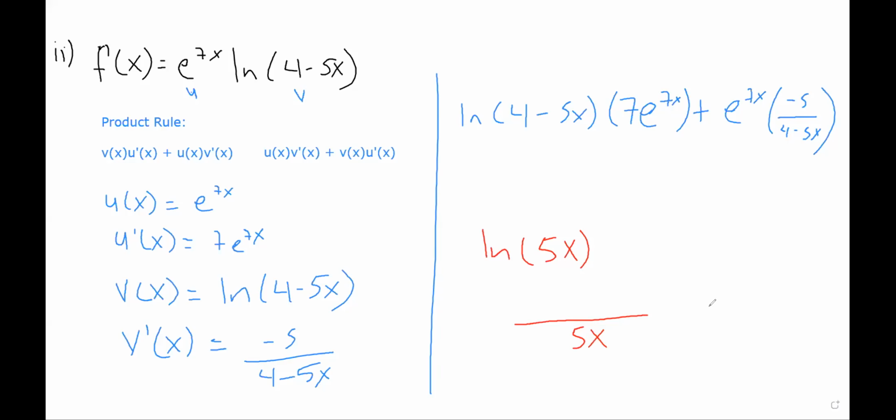Then we differentiate what's in the bracket, and the differential of 5x is just going to give us back 5. That gives us the differential of our ln function, and that's the same thing that we applied right here. We just put back what's in the bracket and then differentiate what's in the bracket.